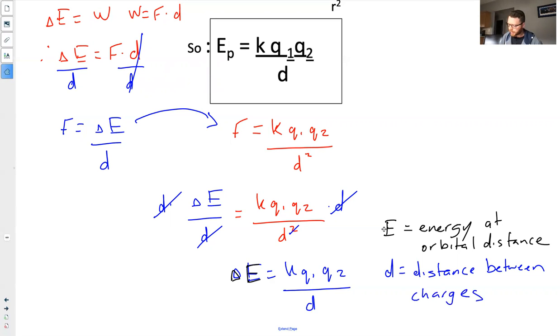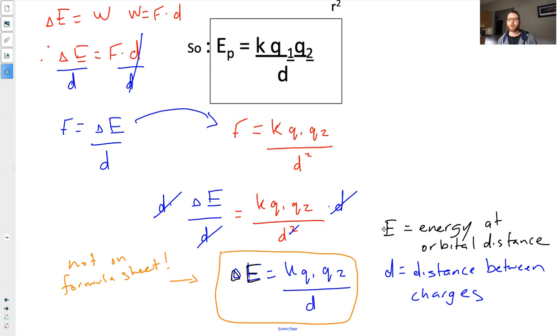Okay, and again, this formula is not on your formula sheet. So I would write this down on your personal formula sheet and also be able to derive that formula if needed on a unit test or the final, okay?